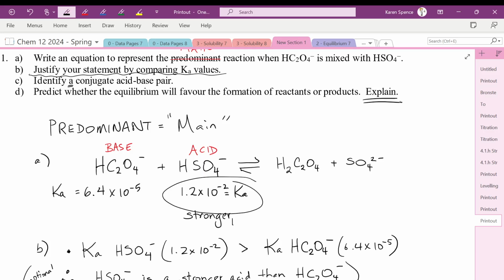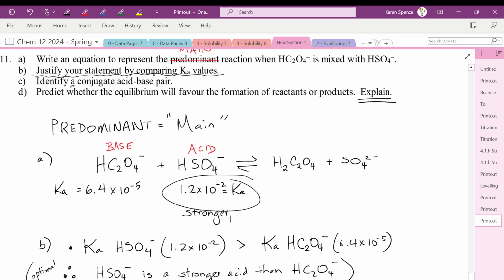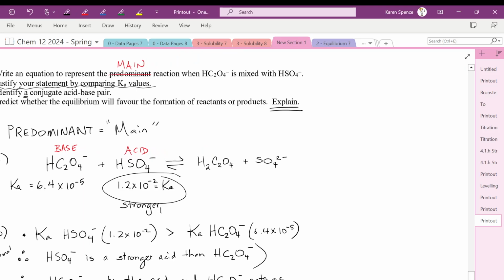Second bullet point: H2C2O4 is stronger than HC2O4 minus. Third bullet point: therefore, the reaction will be favored because H2C2O4 is a stronger acid. Okay, good enough.